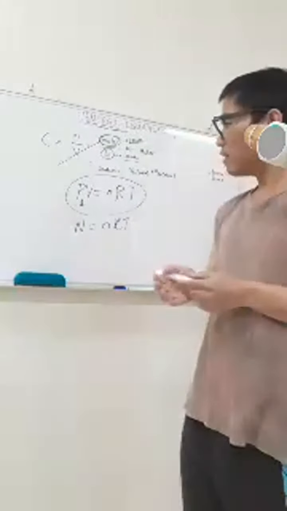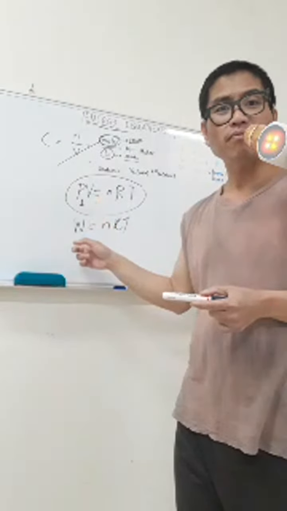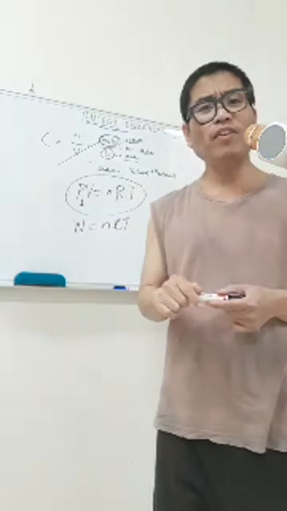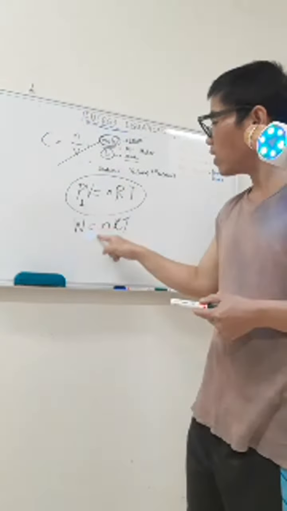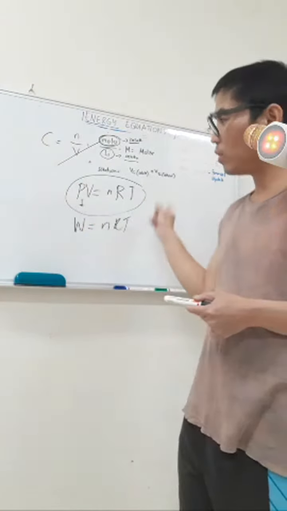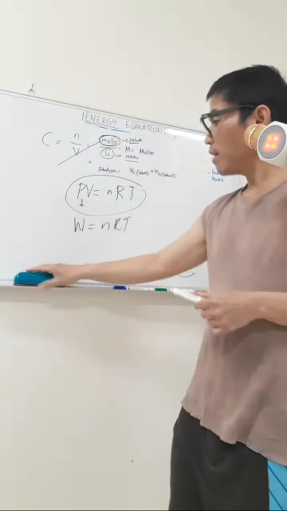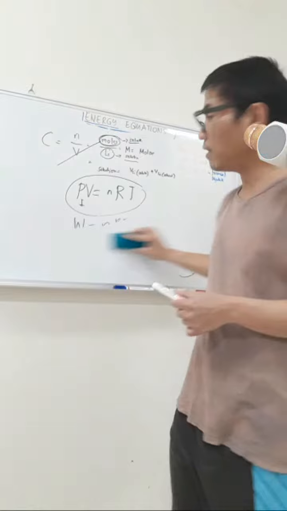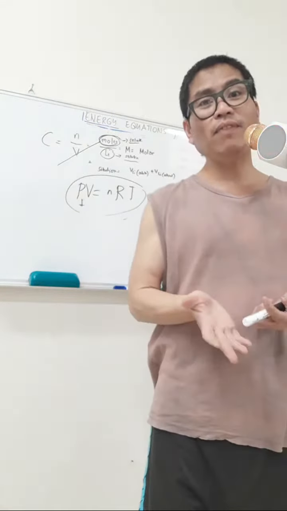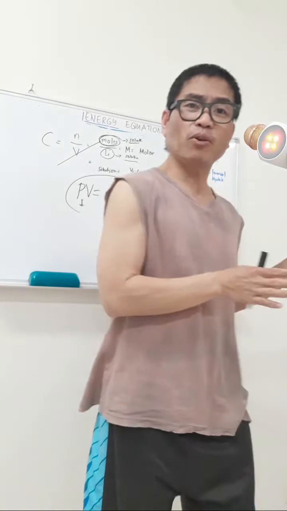Then as a student, you should also research that this PV is just work. So the parent equation for PV equals nRT is work equals nRT, because work equals pressure times volume. You get the point? In the second law of thermodynamics. But the instructors go straight to PV equals nRT, and don't say it is indicated by PV. Say it if the topic is thermodynamics.